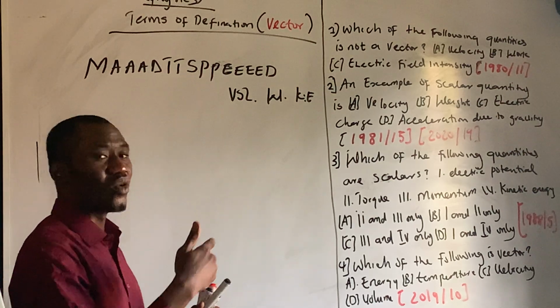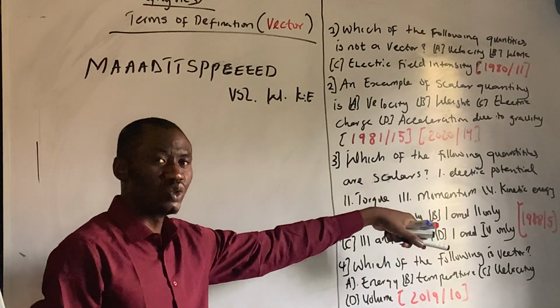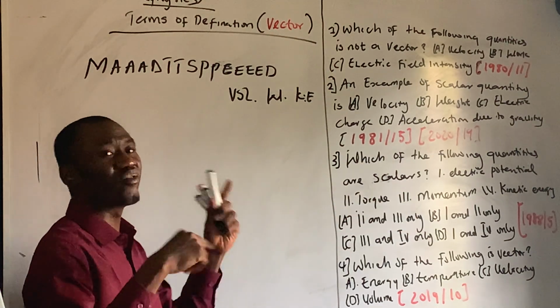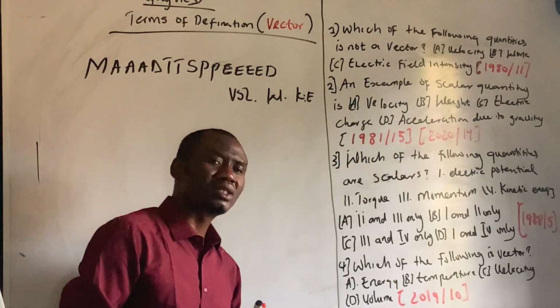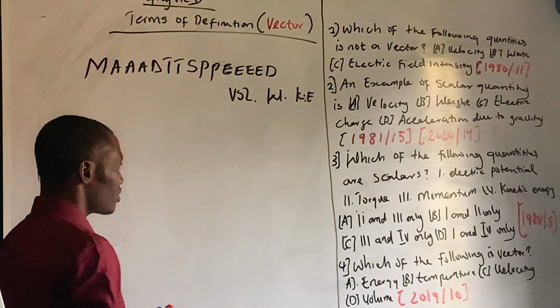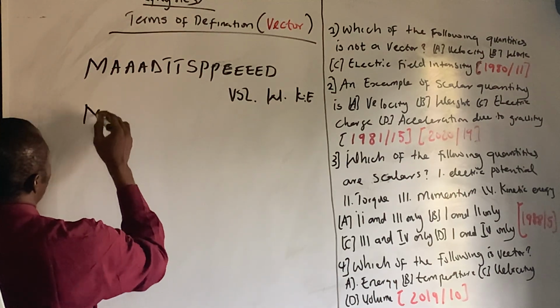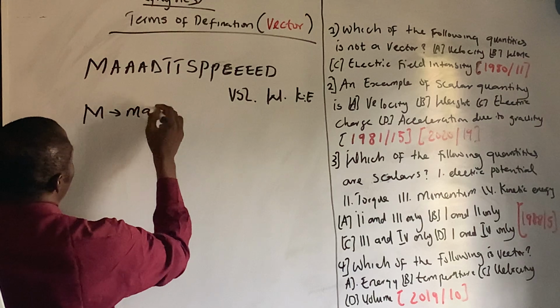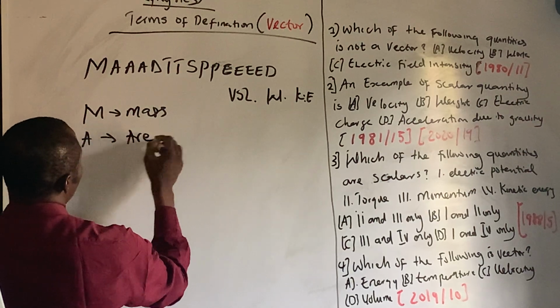Now, all the things I wrote down there on the board are scalar quantities. Whenever you are looking for a scalar quantity and any of these is found, you include it in your answer. But whenever you're looking for a vector quantity and any of these is found, you exclude it from your answer. What I mean by that is this. M is for mass. Then A is for area.